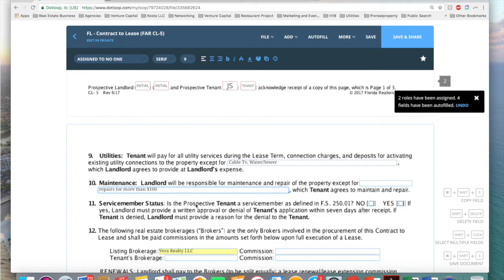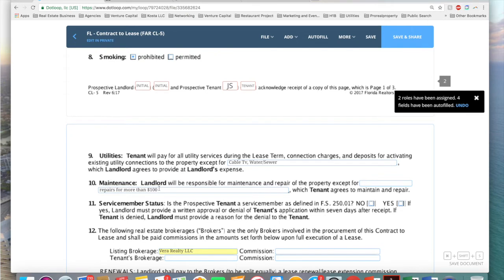So if it's a light bulb or if it's a very small issue, tenant will be taking care of that. If it's a big issue, landlord or his insurance company or his maintenance, maybe landlord has a maintenance agreement, so that already will be landlord's responsibility if it's more than $100.